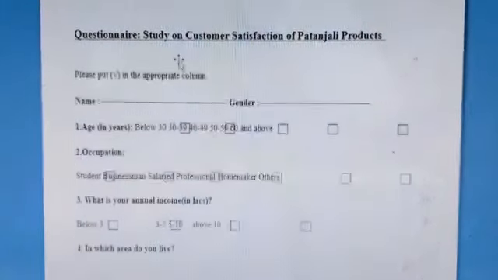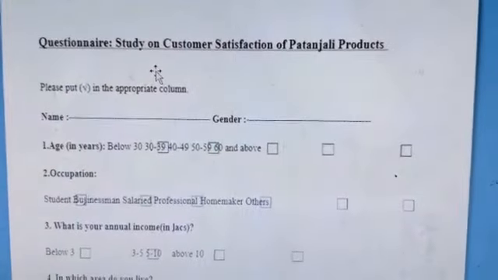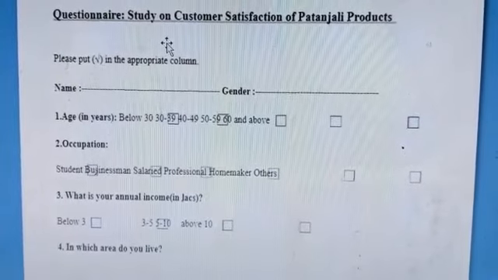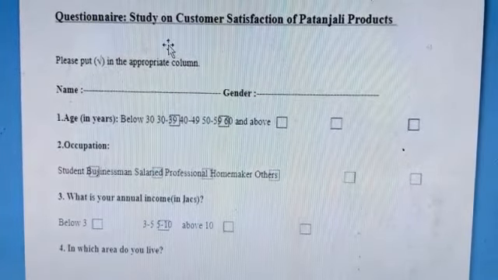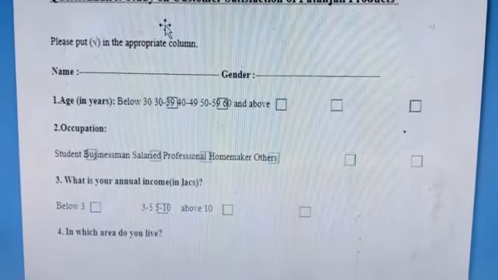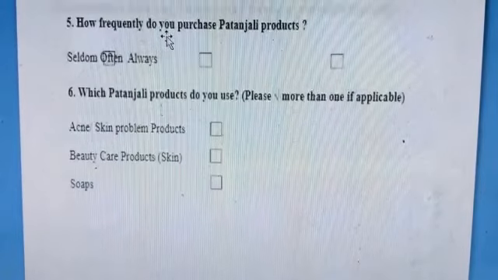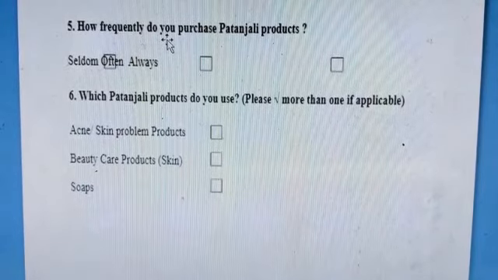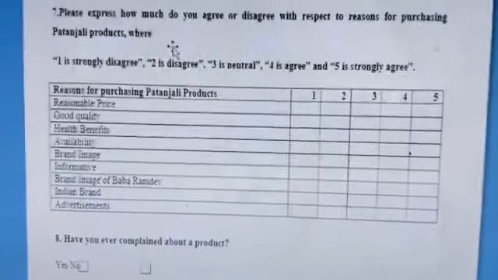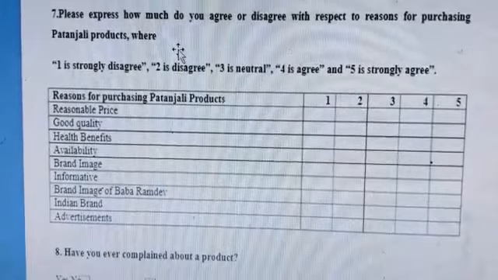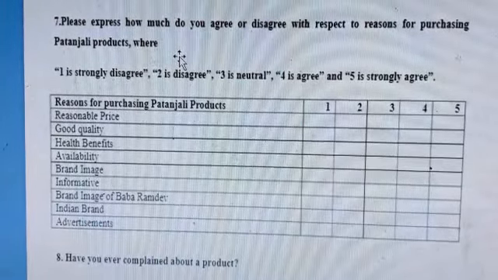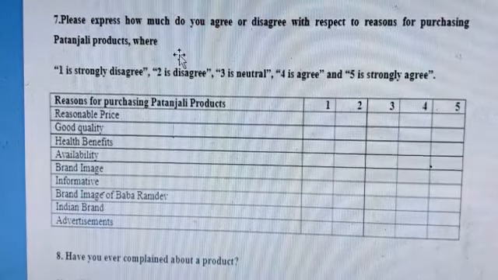Another example is a questionnaire study on consumer satisfaction of Patanjali products. You give the name, gender, and you have open-ended questions, close-ended questions, dichotomous questions, and multiple choice questions. See how frequently you purchase these products, and how the questionnaire is designed. And this is about the scale questions, where they have used a Likert scale: strongly disagree, neutral, agree, strongly agree.